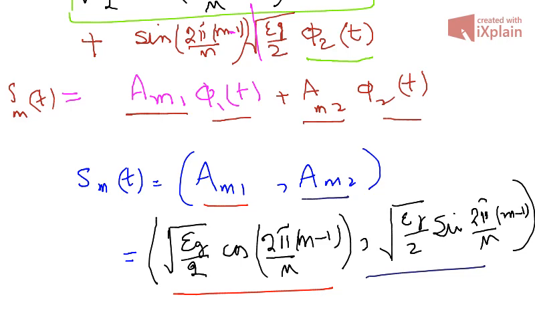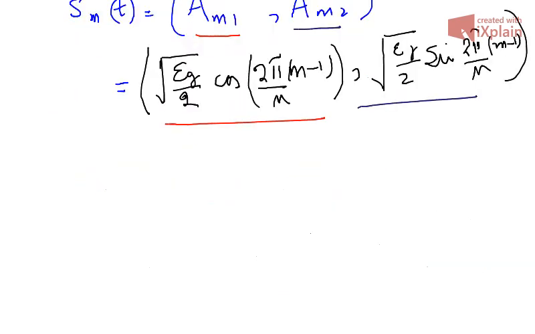Now with this representation, you can represent your signal in this Euclidean space with the axes phi 1 and phi 2.